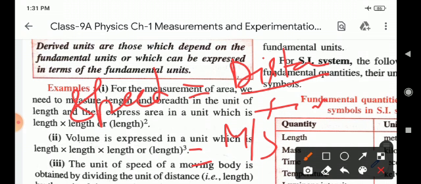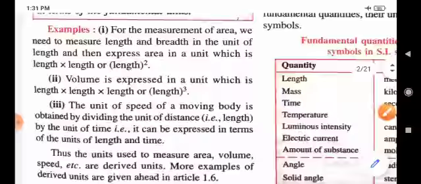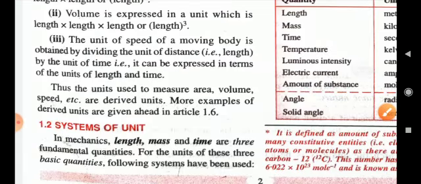Understand, children? Speed is distance upon time. The unit of distance is the meter and the unit of time is the second. Therefore, meter per second is the derived unit and meter and second are the fundamental units. Understand, children? Okay.